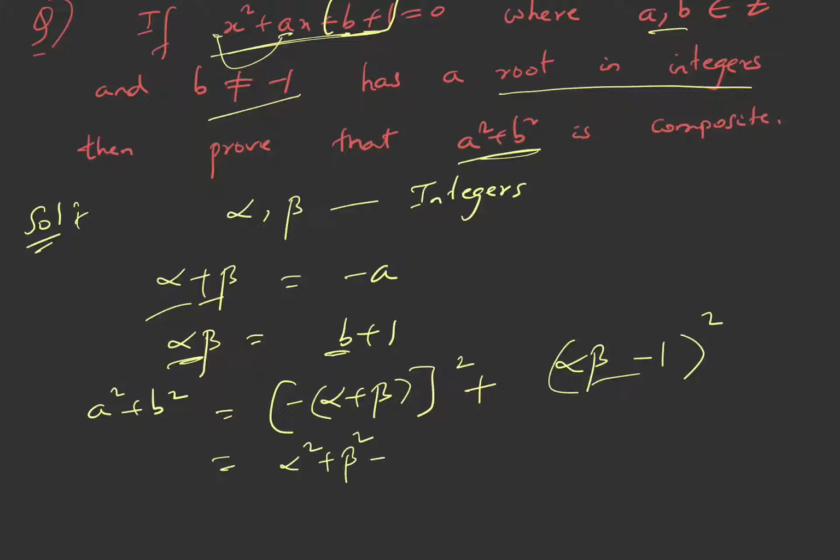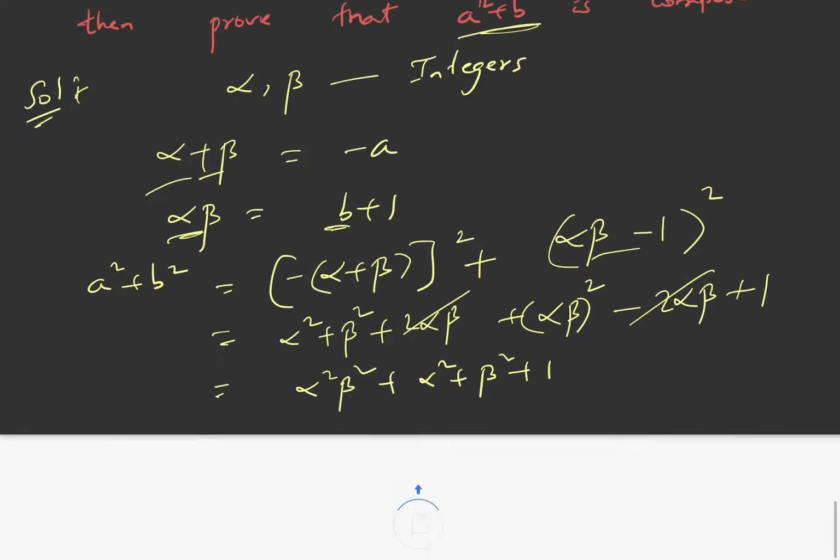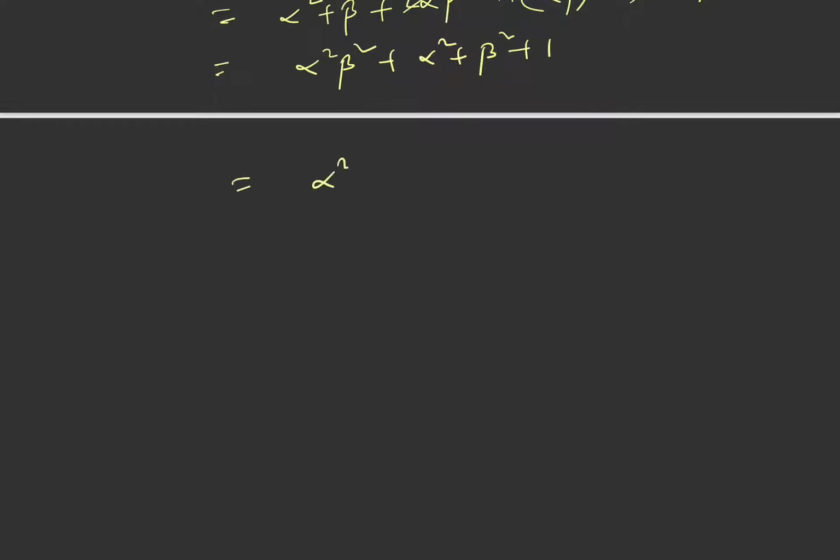So this is alpha square plus beta square plus 2 alpha beta, plus alpha beta whole square minus 2 alpha beta plus 1. So this gets cancelled. So finally you have alpha square beta square plus alpha square plus beta square plus 1, right? So you can factorize this as alpha square plus 1 into beta square plus 1, right? If you multiply, you will get this one.